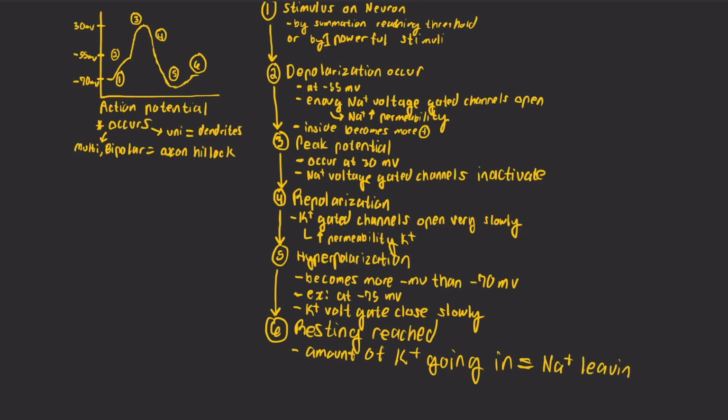Remember the sodium-potassium ATPase, right? Where we have 2 potassium coming in and 3 sodium leaving. Once we reach that negative 70 millivolts again, we would have this state where the amount of potassium going in equalizes the amount of sodium leaving. Okay?